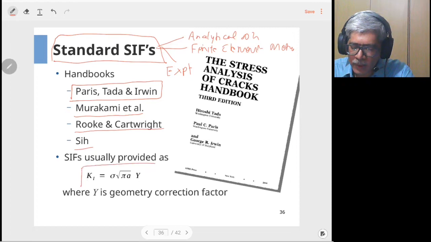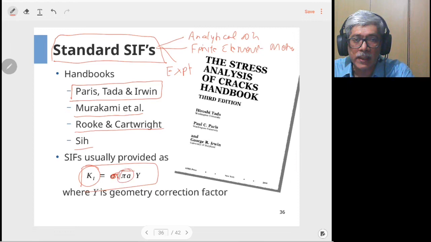The usual format of providing the stress intensity factor is in terms of the nominal stress around the crack tip, sigma, multiplied by square root of pi a, where a is the crack size, multiplied by Y, which is known as the geometry correction factor.